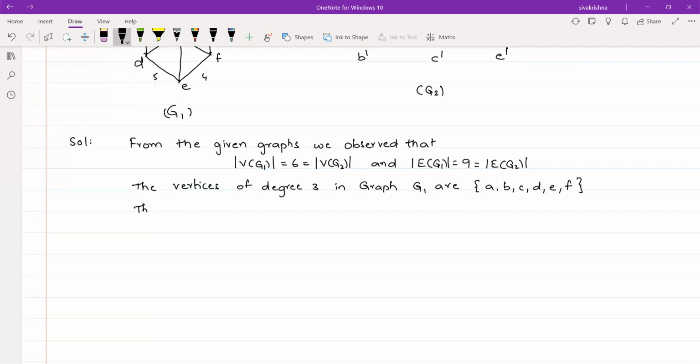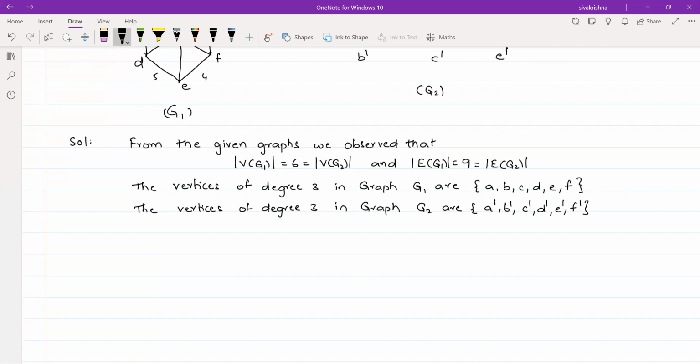Coming to graph 2, the vertices of degree 3 in graph G2 are A dash, B dash, C dash, E dash, F dash. In graph 2 also we are having each and every vertex of degree 3.